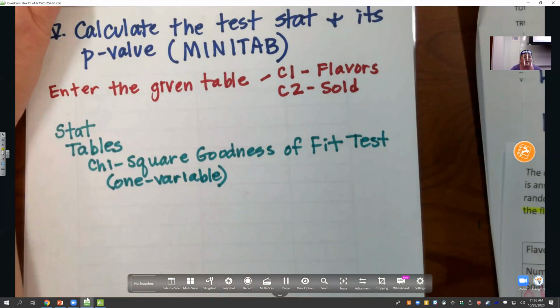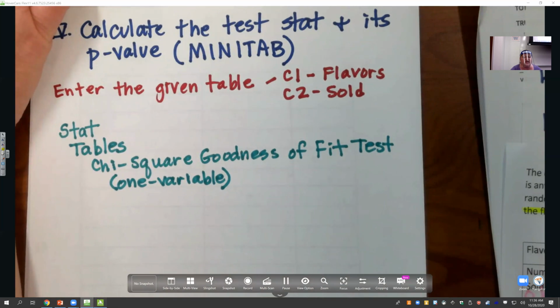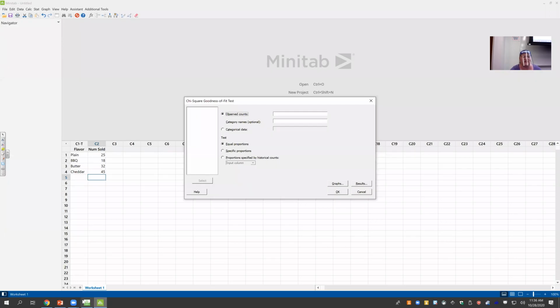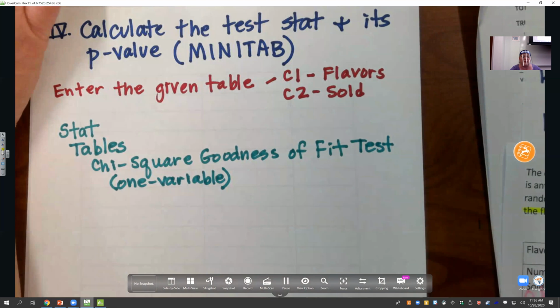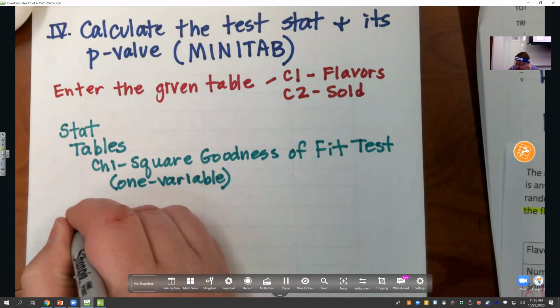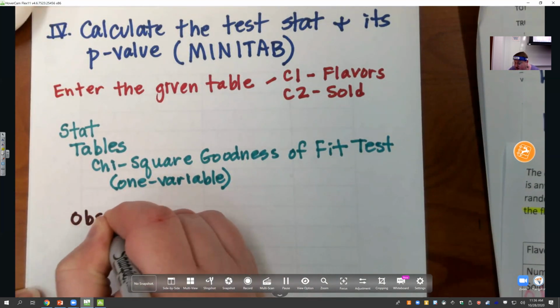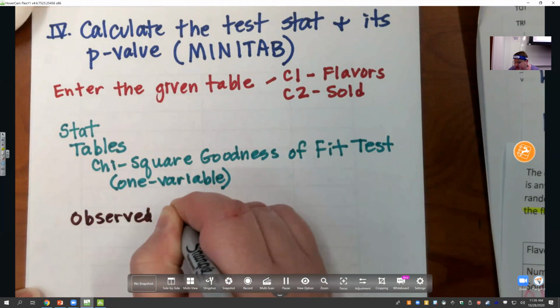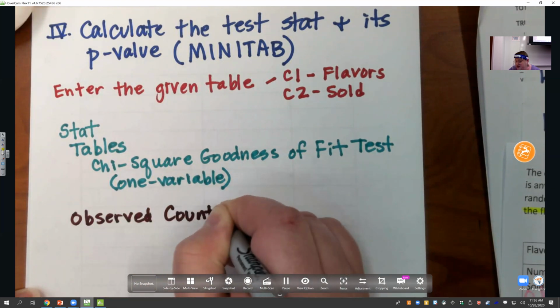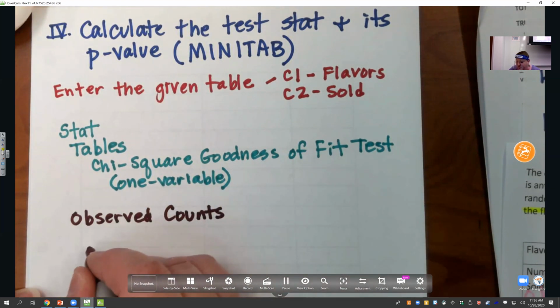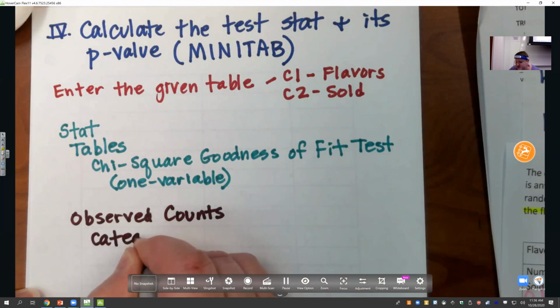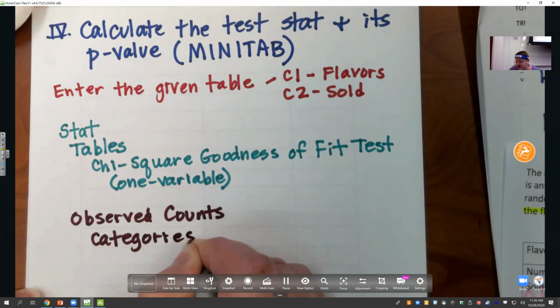Okay, then your wizard comes up and you have to indicate where are the observed counts and where are your categories.